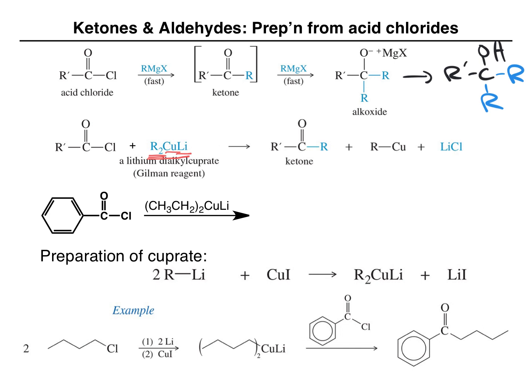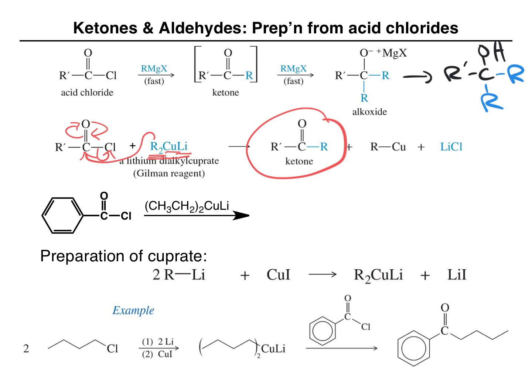Now, a lithium dialkyl cuprate, we can kind of think of it like a mild nucleophile. It actually proceeds by a different mechanism, but the net result is it acts like a mild nucleophile. So we can imagine that this is going to add, kick these electrons up, they're going to come back down, kick out the chlorine, and we end up with the ketone, and it stops there.